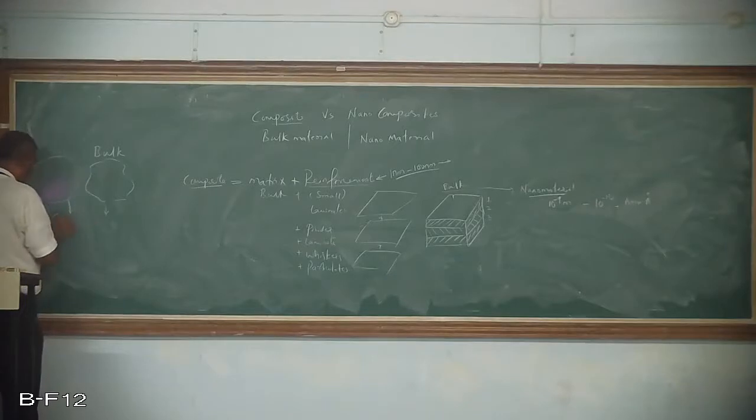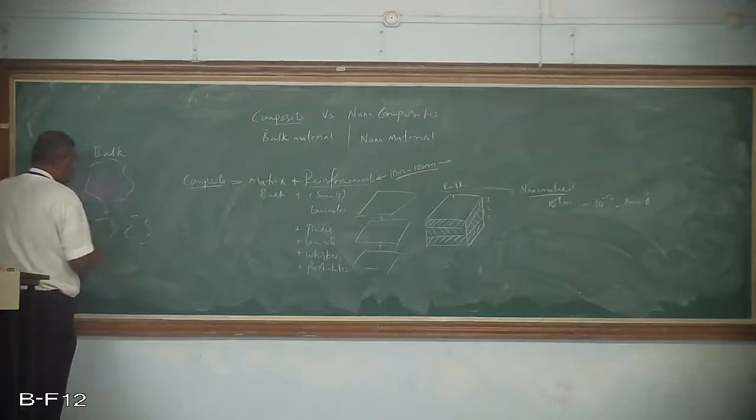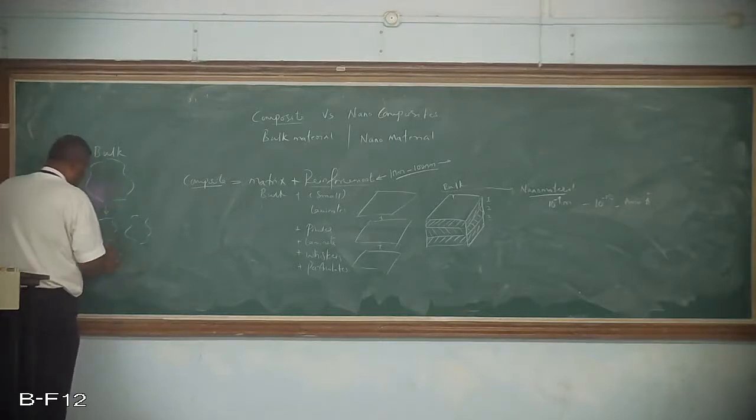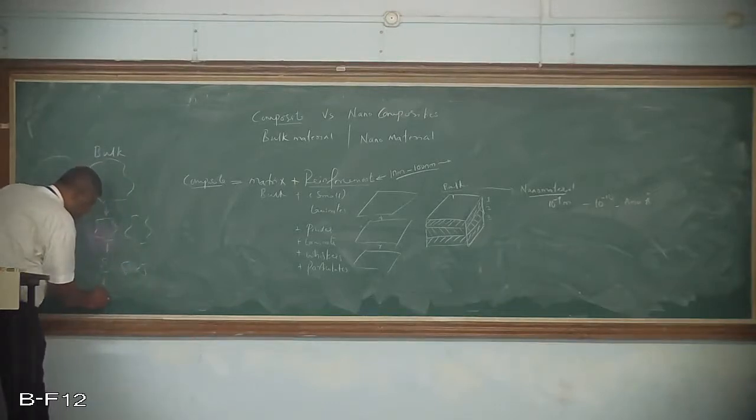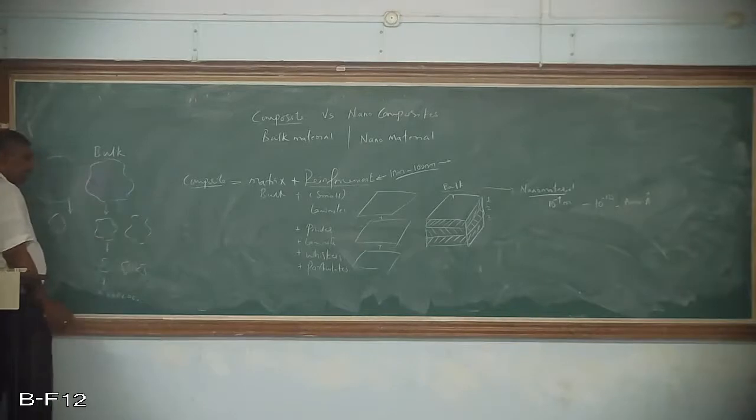Like this you can convert it, and it is further reduced like this, further reduced to smaller. This is the production of a nano size particle, from a bulk size material.